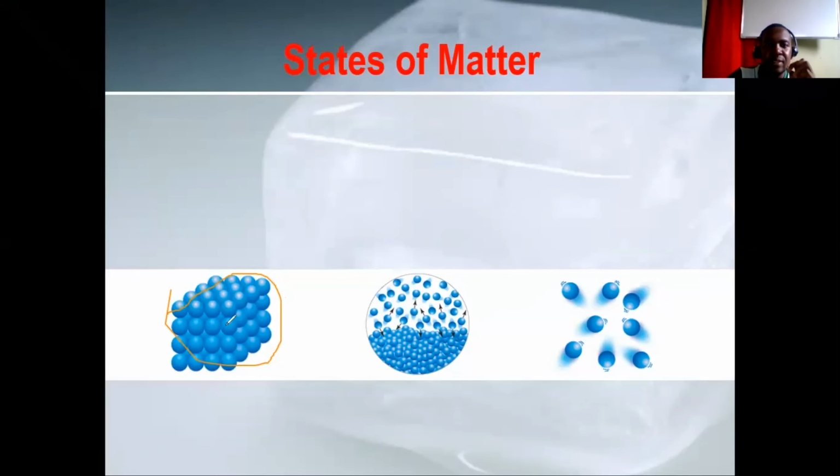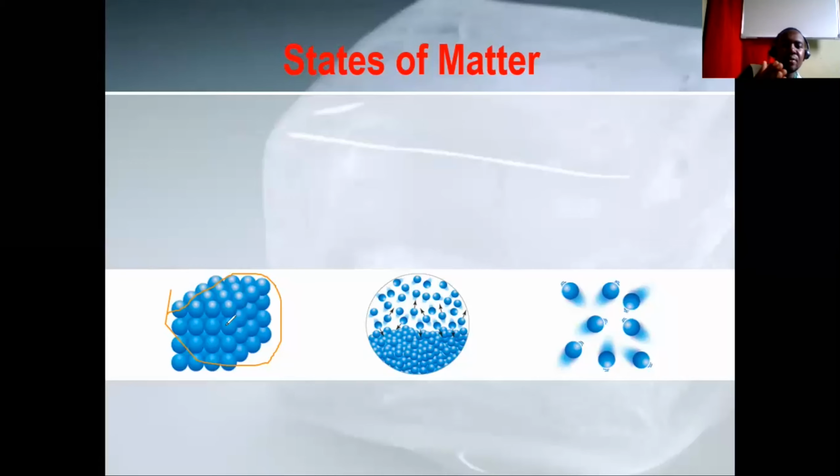Compressing means that we're reducing the spaces between the particles. But solids already have reduced spacing, so it's hard to get the particles any closer together. But if we look at the gases, we notice there are a lot of spaces between these particles, so we can easily reduce those spacings by compressing it. So that's the difference and why solids are hard to compress while gases are easier to compress.